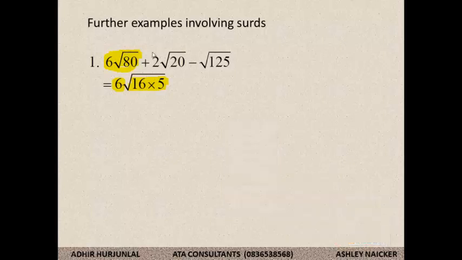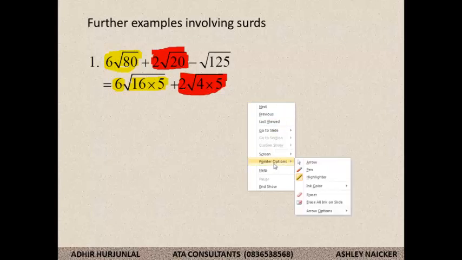Let's go with the next one. 2 times the square root of 20. The 2 remains, but the square root of 20 is the same as 4 root 5. So as I'm going down, I'm bringing my colors down to show you where I'm getting that from.